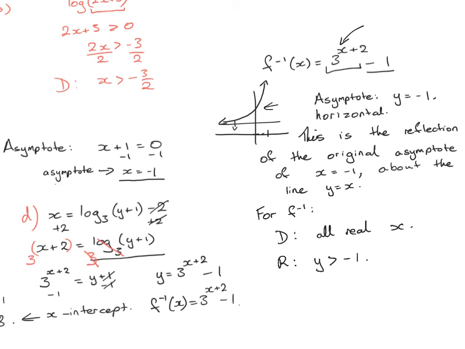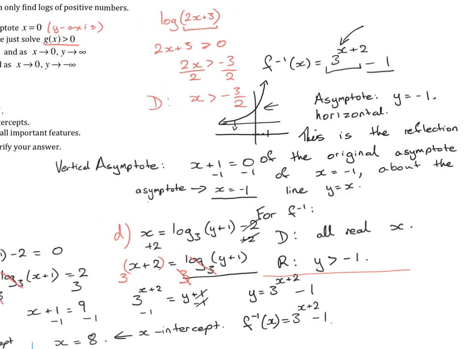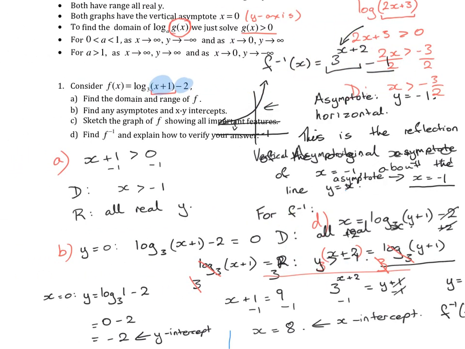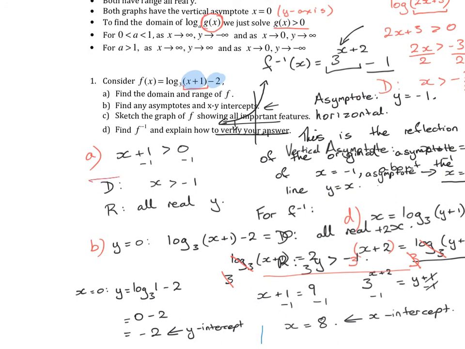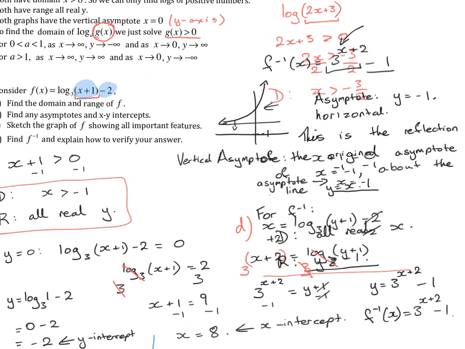Now, look at those and compare it with the original domain and range. Basically, the x and y have just switched roles, and for that reason, we know it's the inverse function.